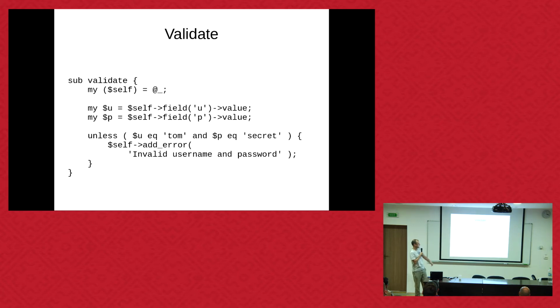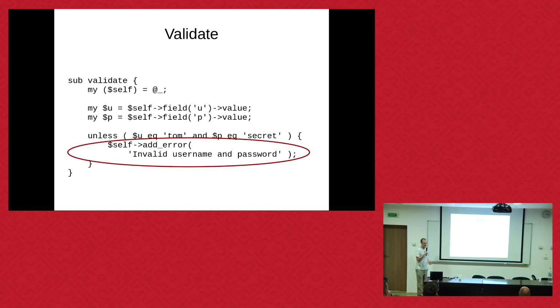I would write sub validate. And again, this will look fairly similar. We're calling the field accessor, getting the values out. Here's my highly secure code. I bet you can't guess what the password for this application is. If it fails, we add an error on the form. Okay, so that's how we deal with validation failures. Except we can't actually add an error on the form.